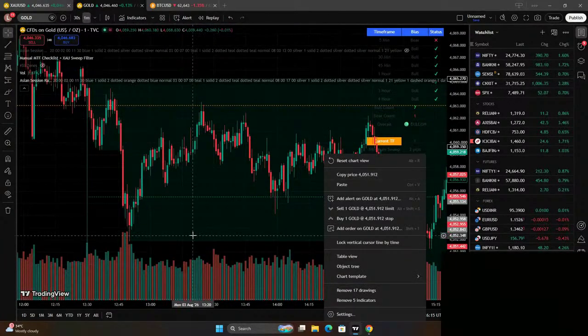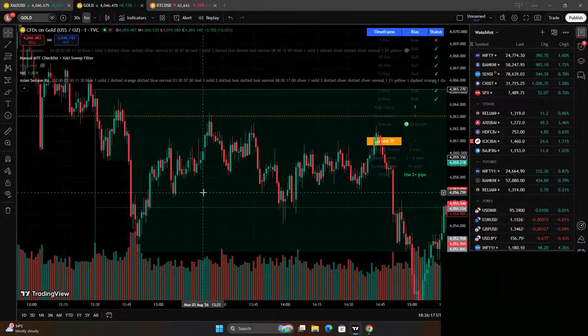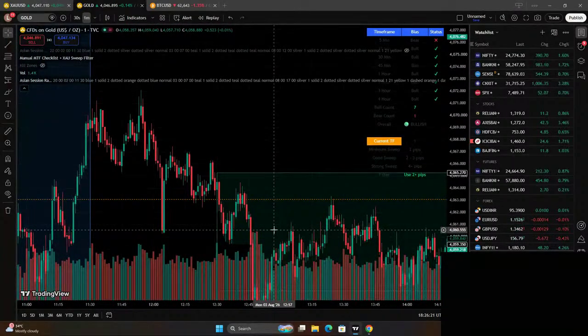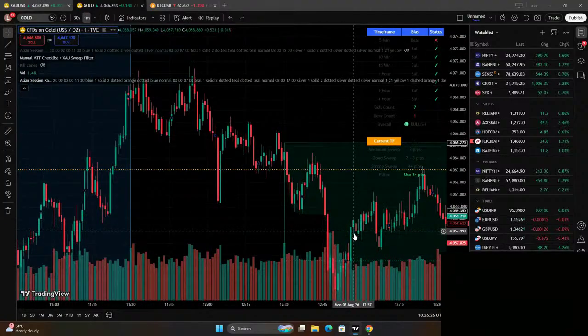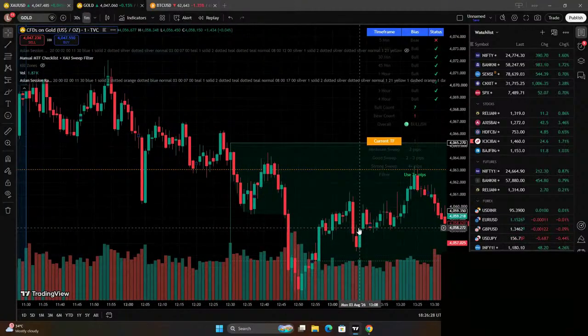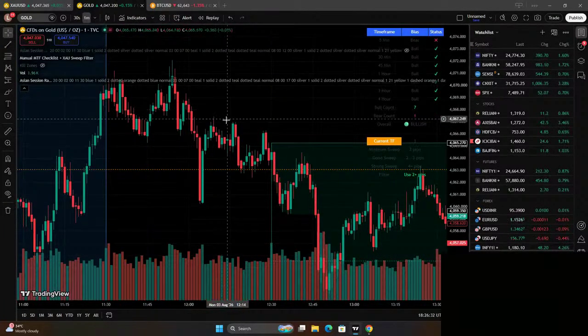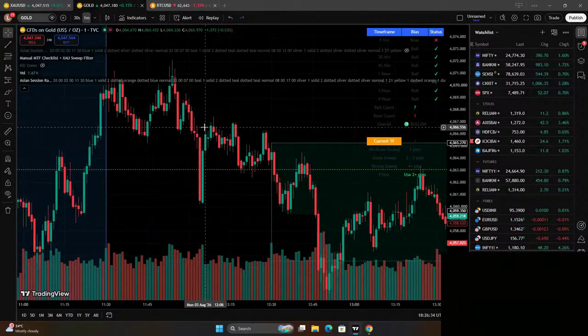It's confusing, but we will try to look for the correct setup. Again, there might be something that we are doing wrong here. See, that candle has been broken.